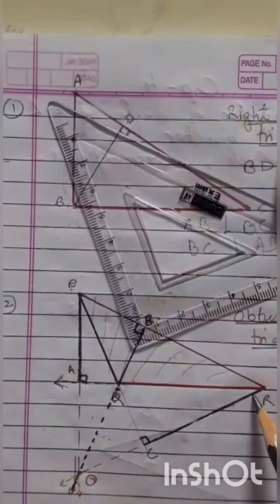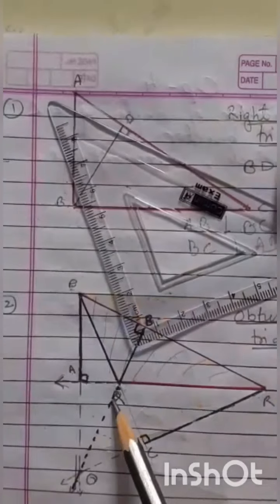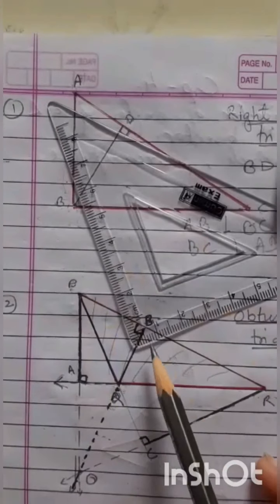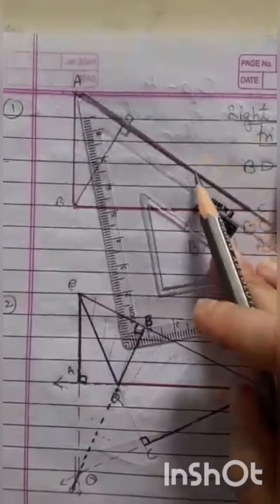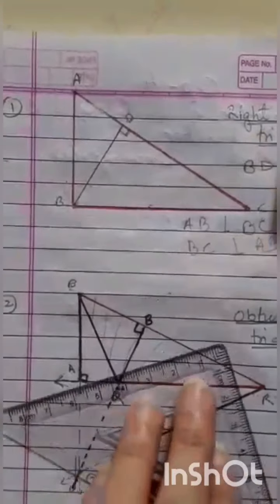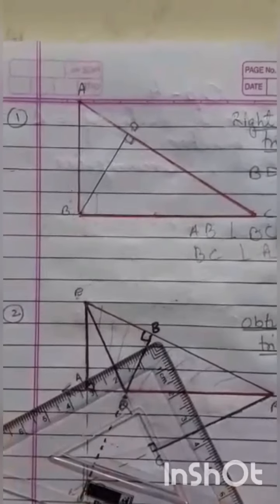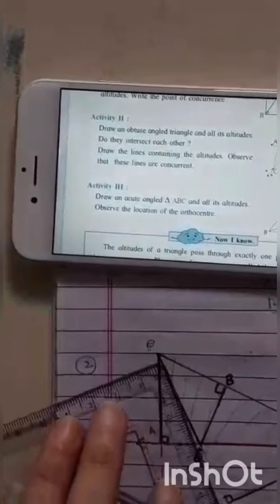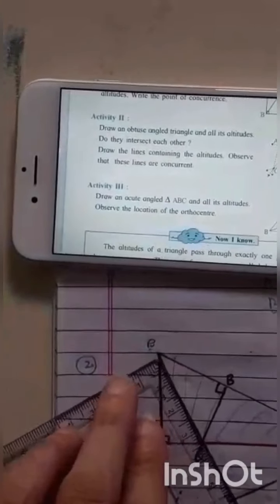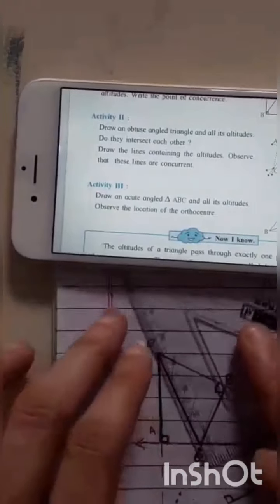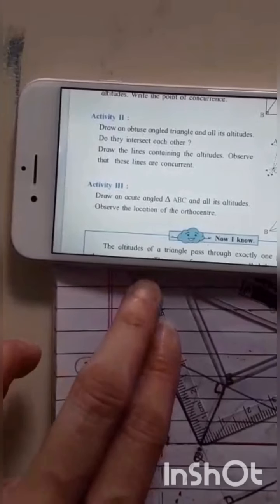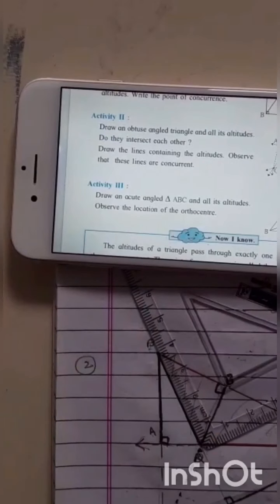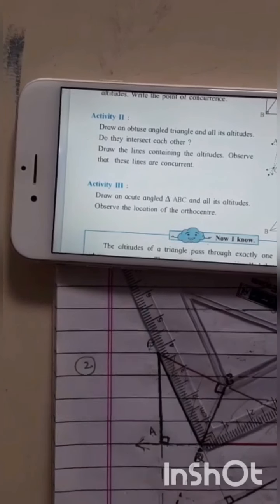Similarly, we have done QR with vertex P, now we'll be doing R. Now if I keep my set square like this, one edge is here, now I have to meet the vertex.